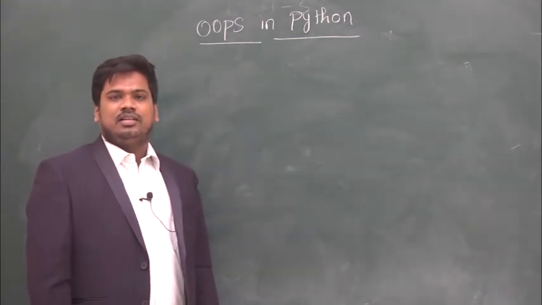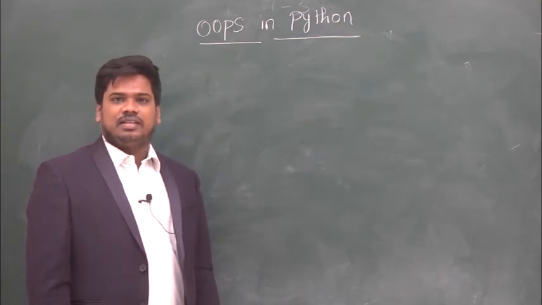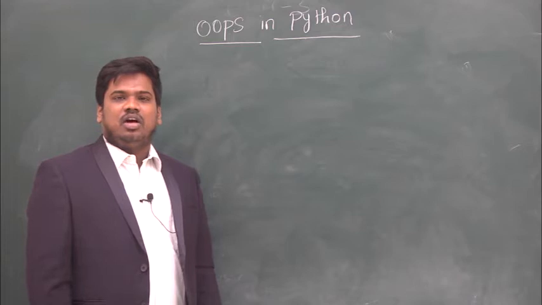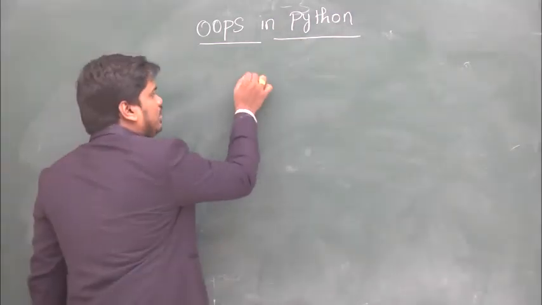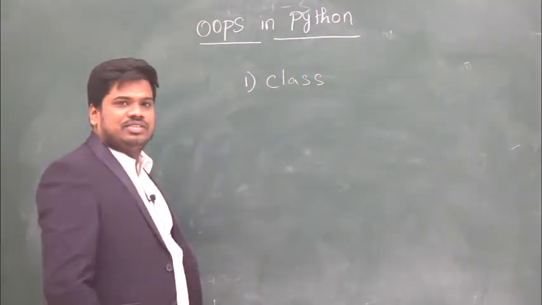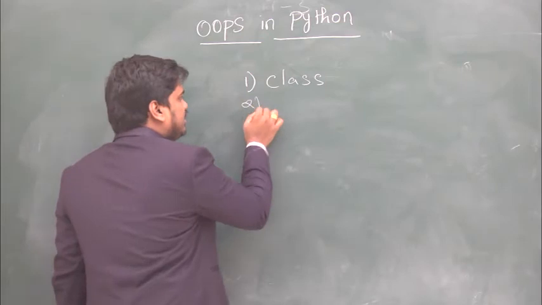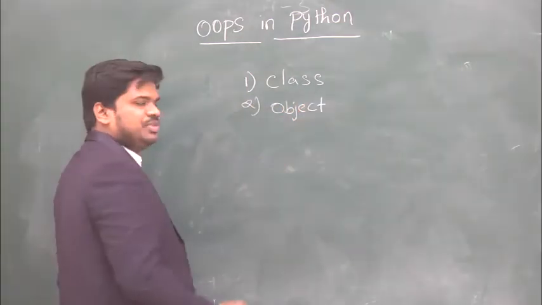So today we will learn the object-oriented features in Python. Coming to the object-oriented features, the first and most important thing is what is a class. The second one is what an object is.